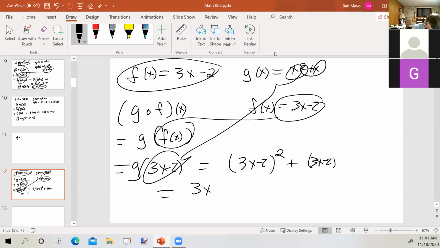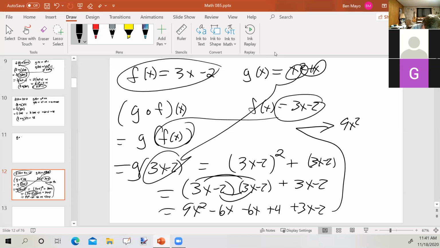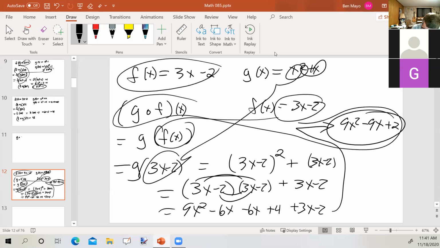So now I've got 3x minus 2 times 3x minus 2 plus 3x minus 2, which is 9x squared minus 6x minus 6x plus 4 plus 3x minus 2, which is 9x squared, let's see, minus 12 plus 3 would be minus 9x plus 2. So g composed with f of x equals 9x squared minus 9x plus 2.